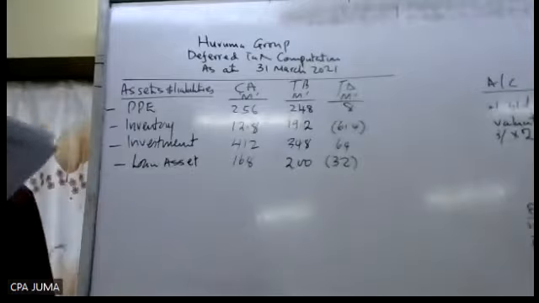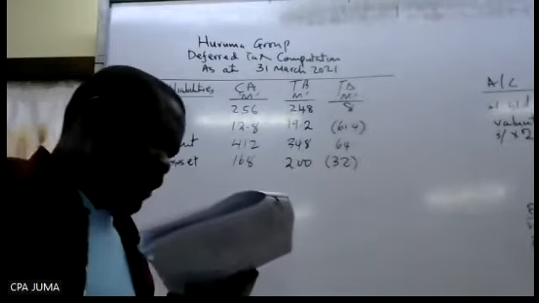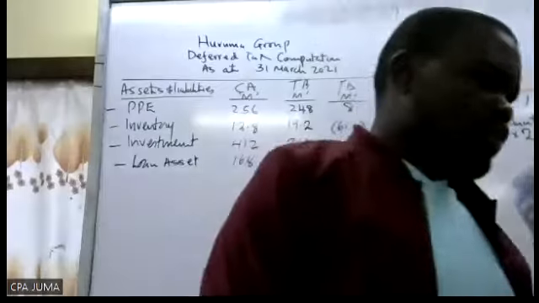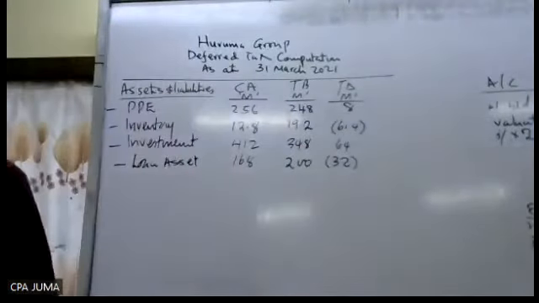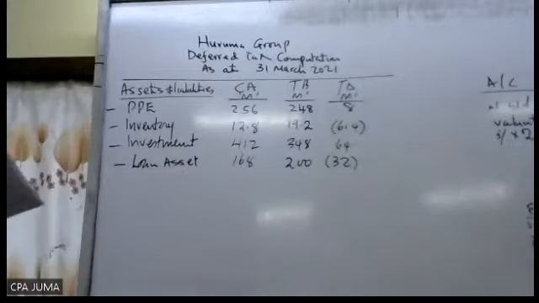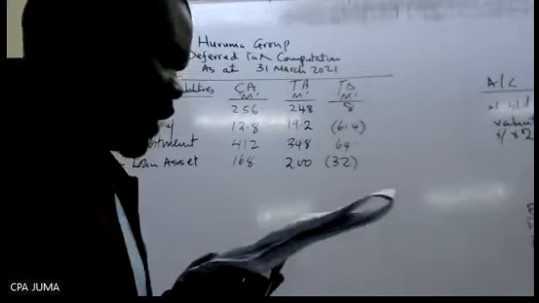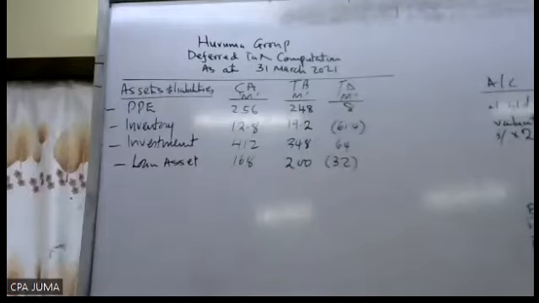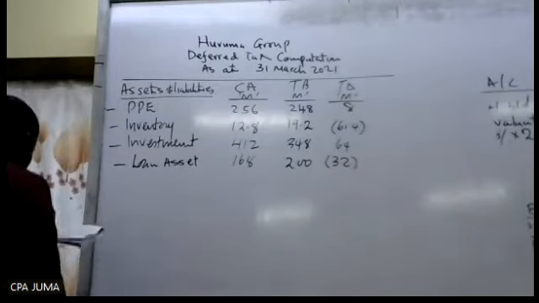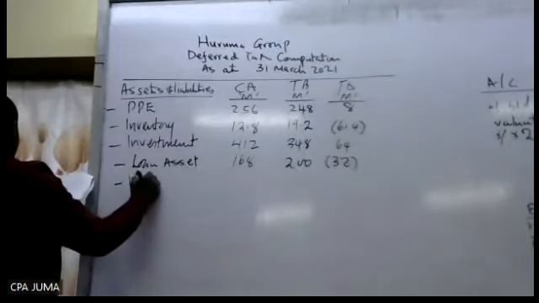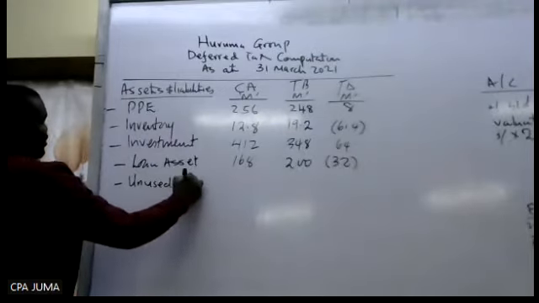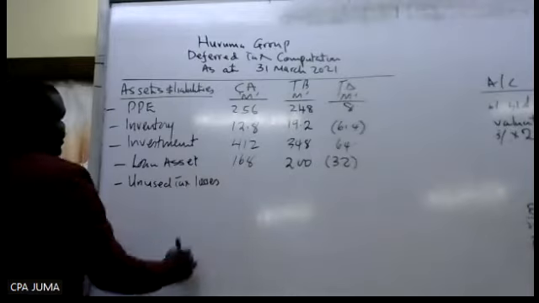These unused tax losses arose from one-off restructuring exercise carried out during the financial year, and it is highly expected that taxable profit will be available in the future. Full stop. Okay. Which is which? Yeah? That is what they are calling unused tax losses.